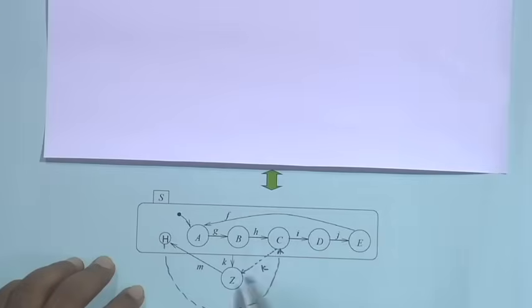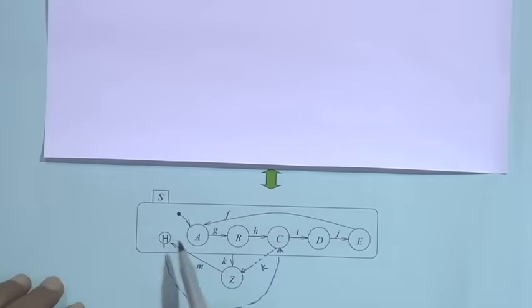Clear? I repeat, I am specifying that wherever you are here, on K you are coming out to state Z, and on M you are re-entering state S. Now, suppose when K occurred, you were in state C. So, you came out.